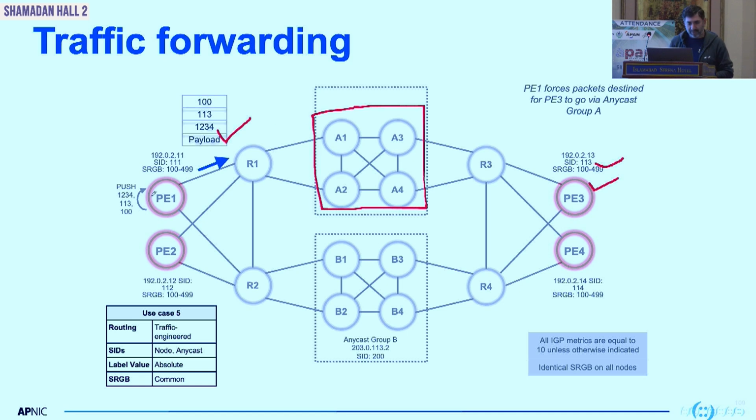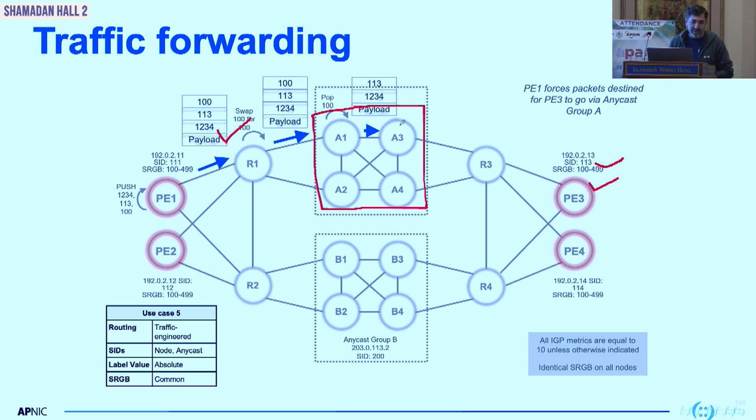So the traffic from P1 will go to R1, and from R1 it will forward towards A1 or A2 depending on the metric. It can send on any of the links. Once they receive it, since they can identify that the top label is the same as the local APNIC SID, they will pop it and forward the traffic towards A3.